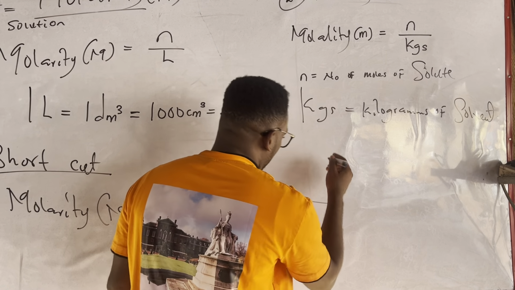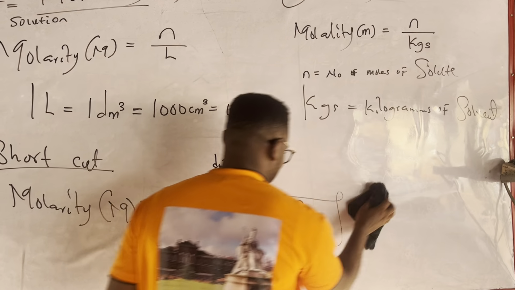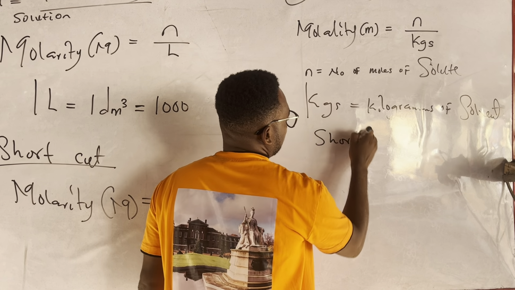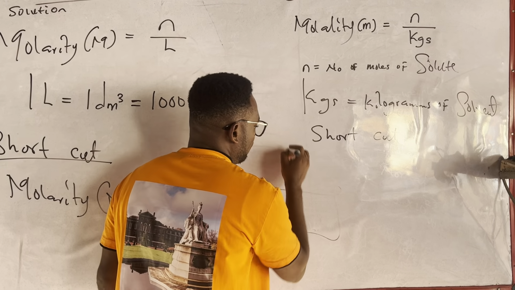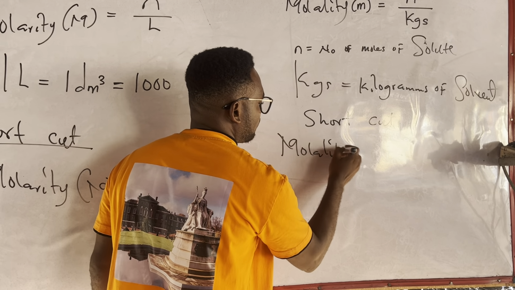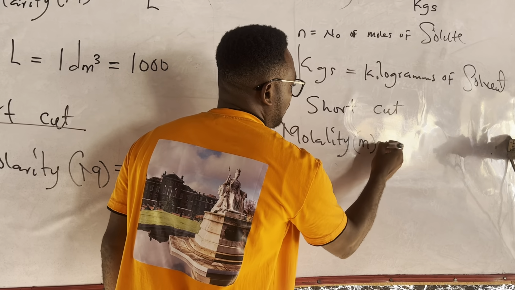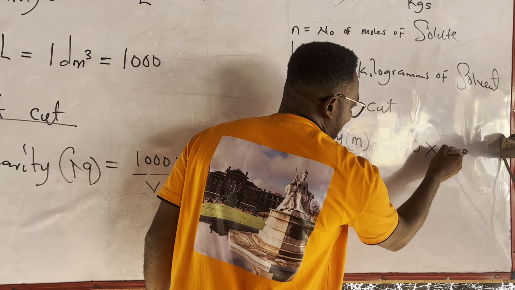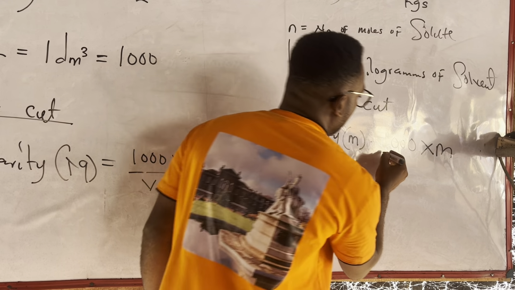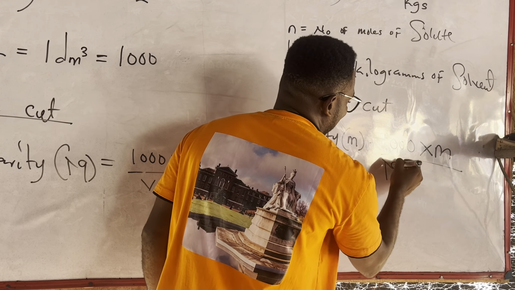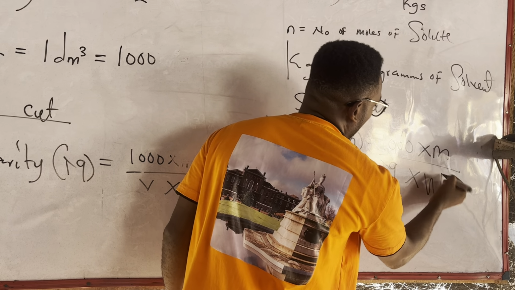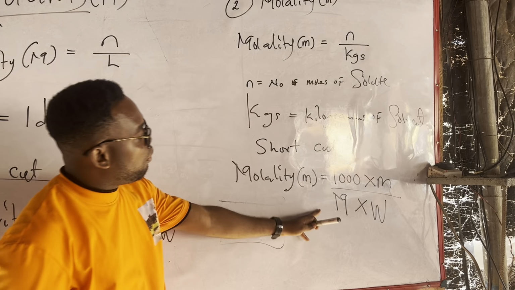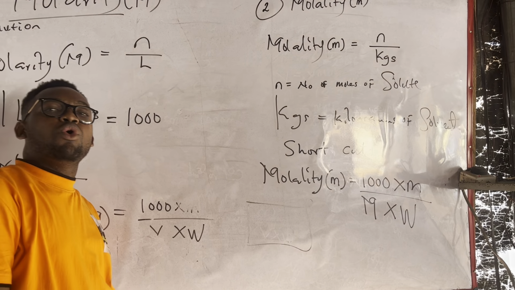There is a formula by way of shortcut. So by shortcut, we have molality, small letter m, is equal to 1000 multiplied by mass of solute divided by capital letter M multiplied by W. So this is the formula by way of shortcut we use when we want to solve questions on molality.